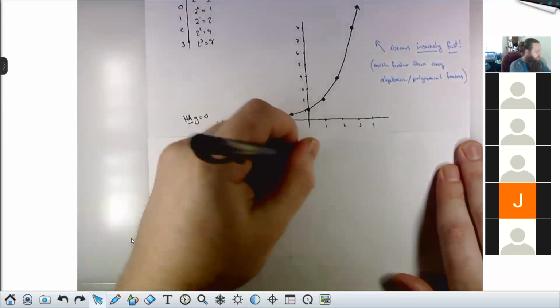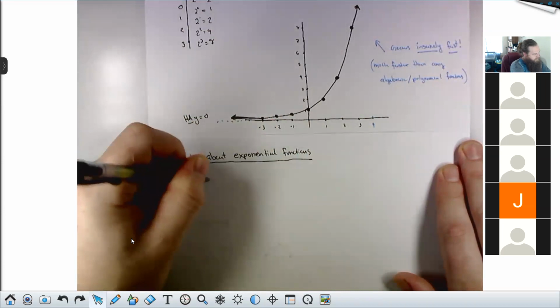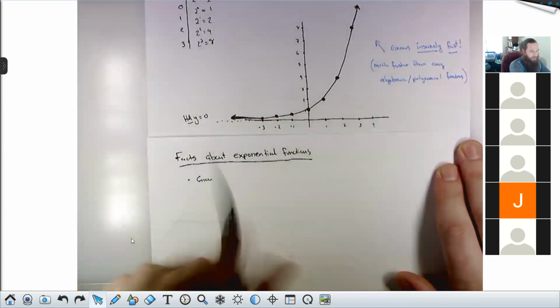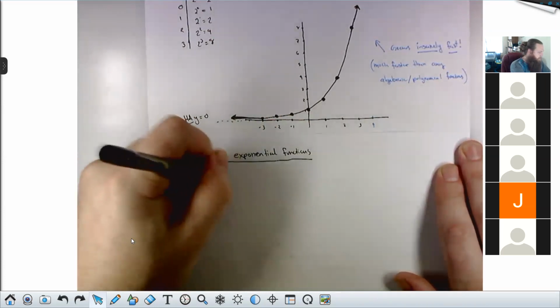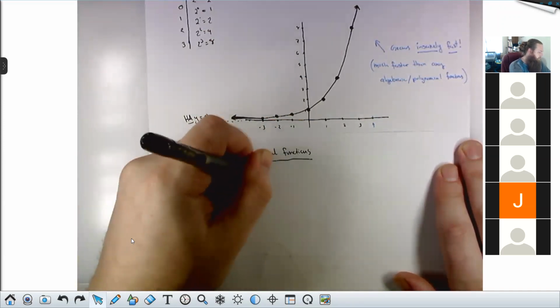All right, so they grow very fast. And as you go off to the left here, they decay very fast also. So they grow and decay very quickly.